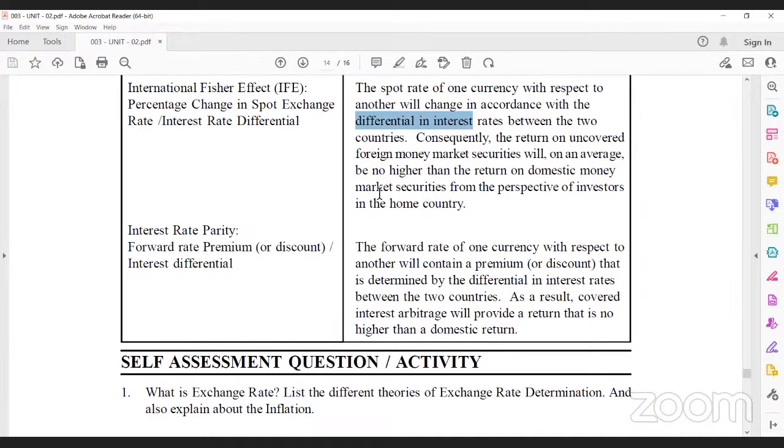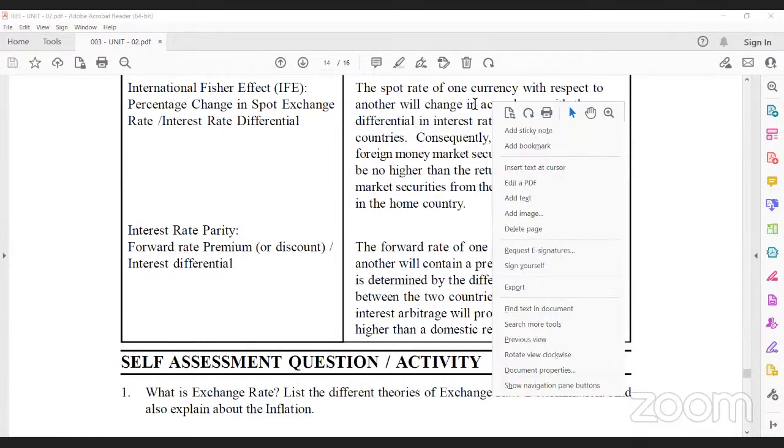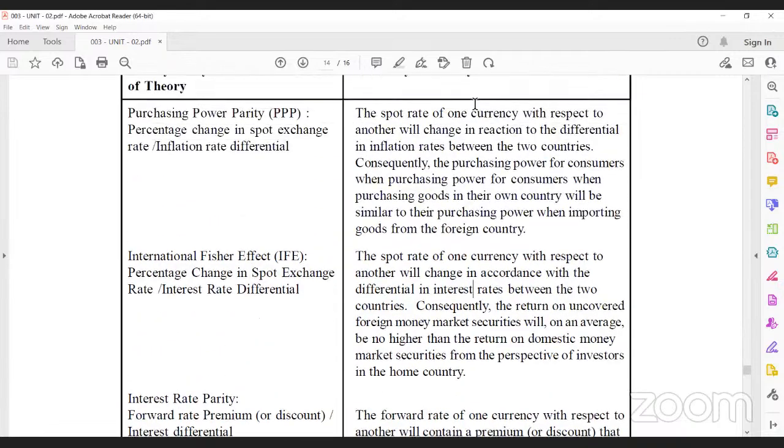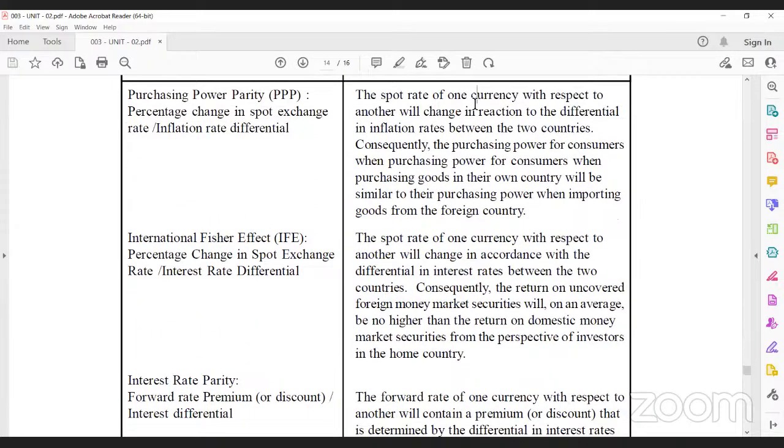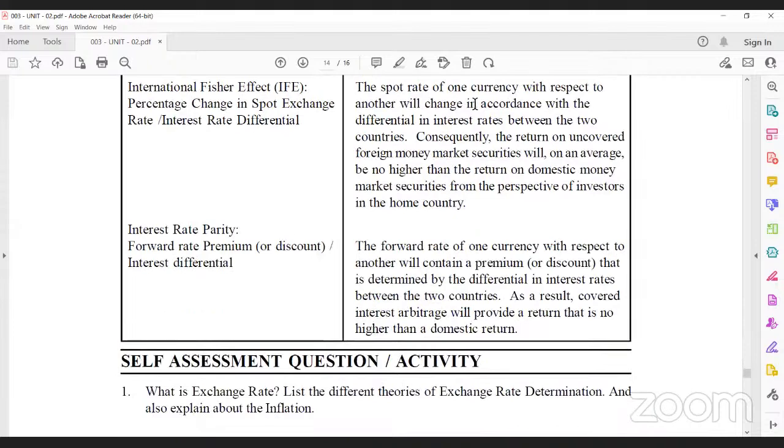See, the above two, PPP and IFE, are based on the spot rate, whereas interest rate parity is based on the forward rate of one currency with respect to another.